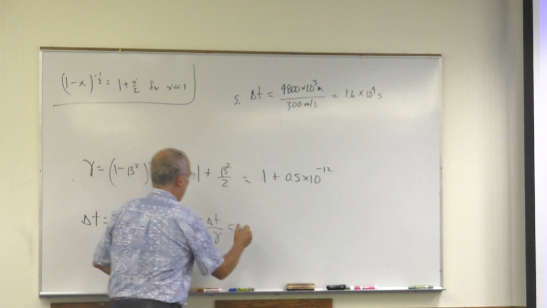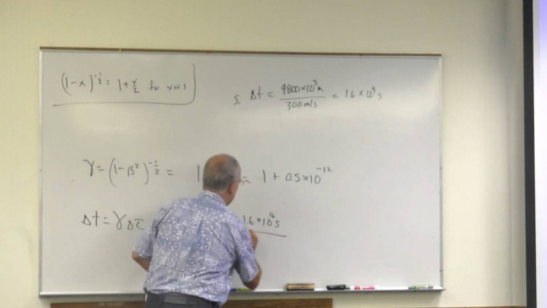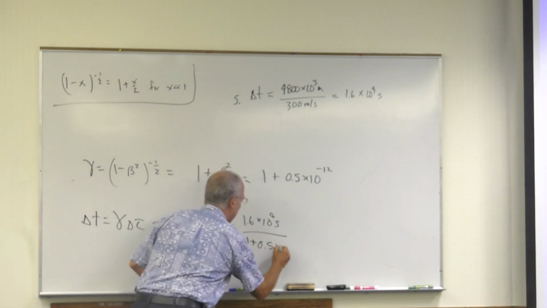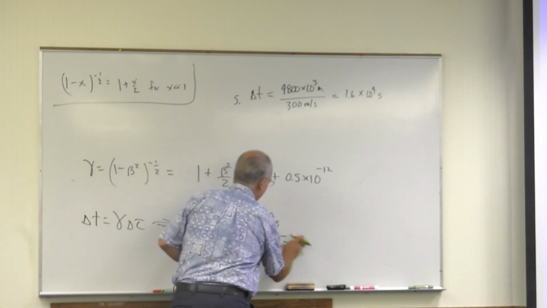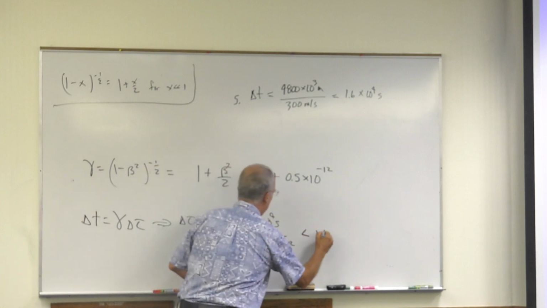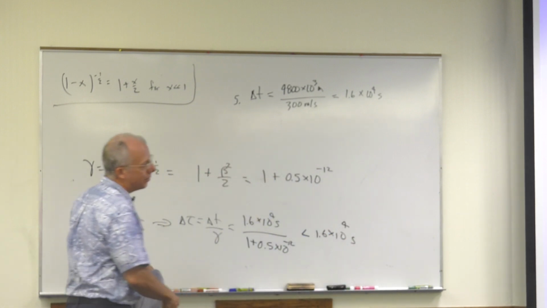So it's 1.6 times 10 to the 4th seconds all over this. And all I can say is it's just a little bit less than 1.6 times 10 to the 4th seconds. Okay, so there you go.